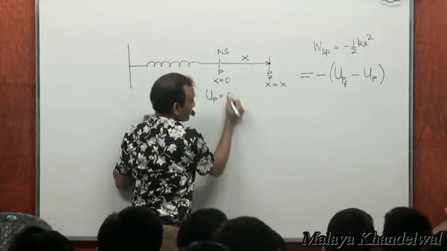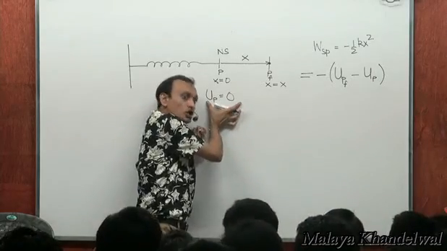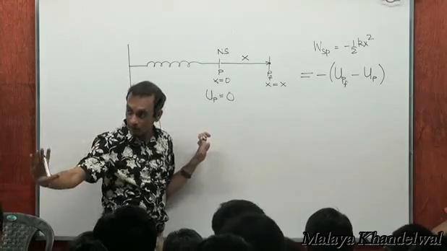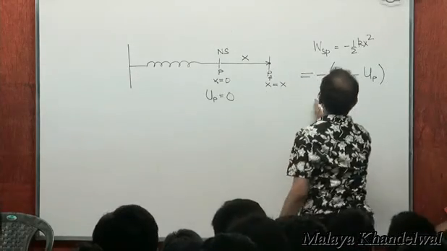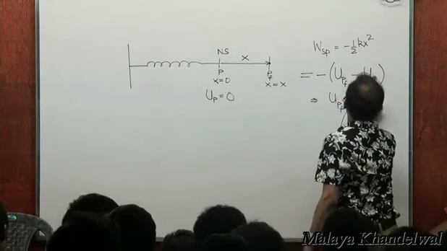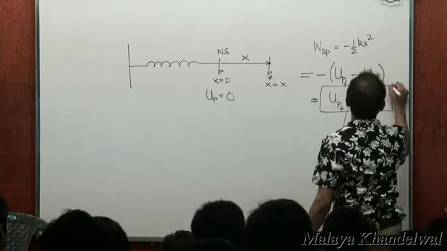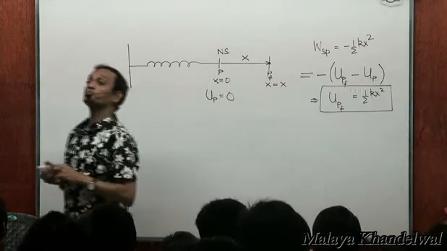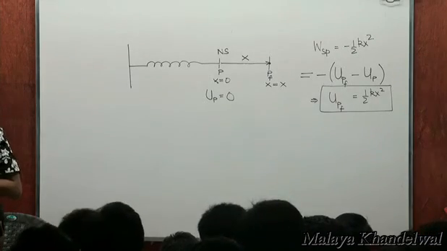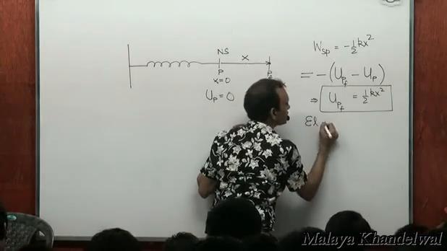UP is 0. Right? Nothing cardinal about it. It's just out of convenience. So if I did that, then that will give me the potential energy of the spring at Pf as half k x squared. So if the spring is elongated or compressed by an amount x, it has potential energy which is half kx squared. This is also called the elastic potential energy of the spring.